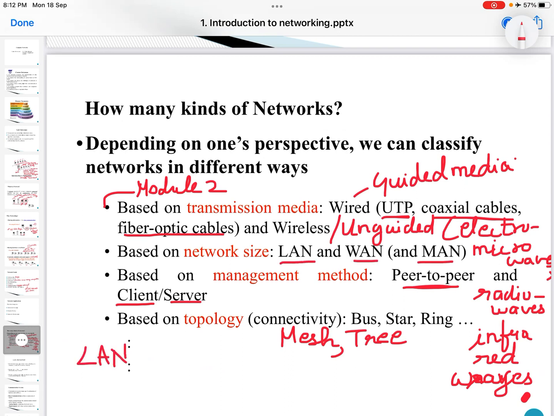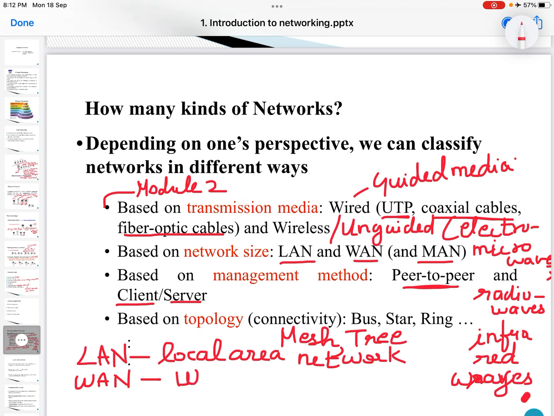What is the LAN network? LAN is local area network. Then WAN is wide area network.